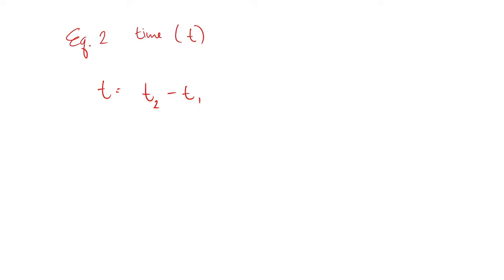And remember, class, time is always positive because, as the arrow of time states, time is ever moving forward. You cannot move backwards in time. So that is our first two equations regarding motion along a straight line.